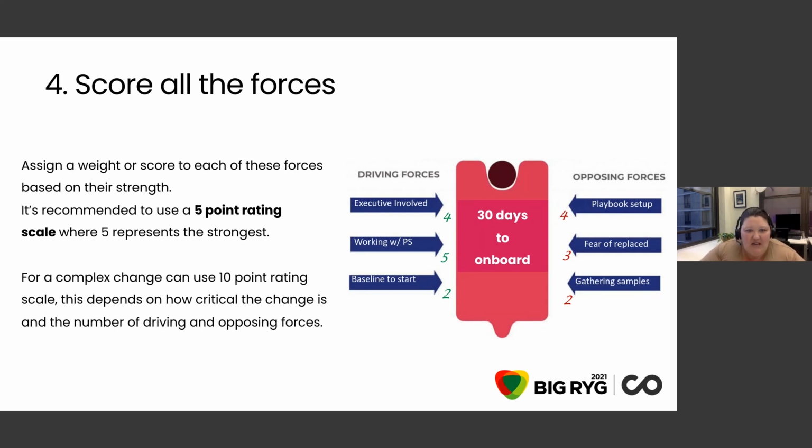Those opposing forces, we found that the playbook setup was a big opposing force. Getting a playbook set up, codifying the legal policy, was the thing that really slowed things down for us. And so that got a 4, maybe even a 5, I don't remember. And so you're giving it that point scale on how strong it is at stopping something, basically.